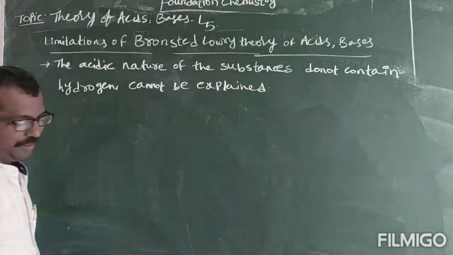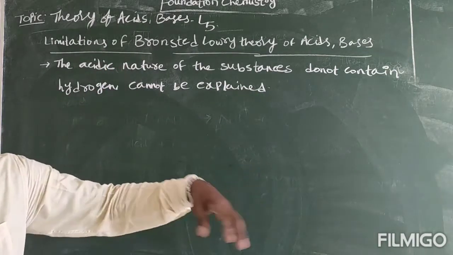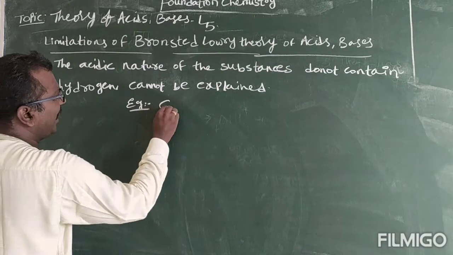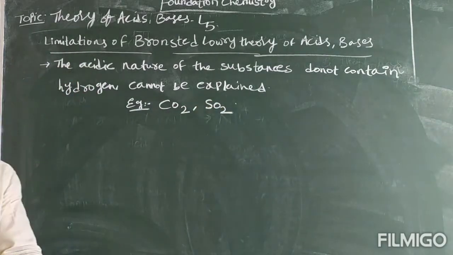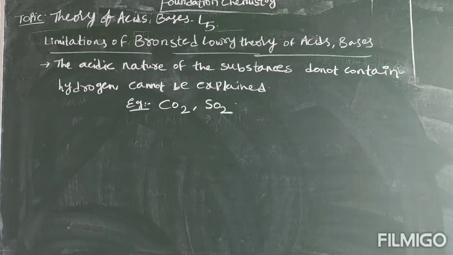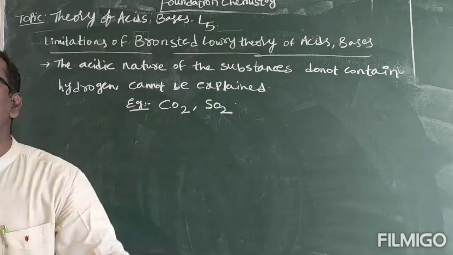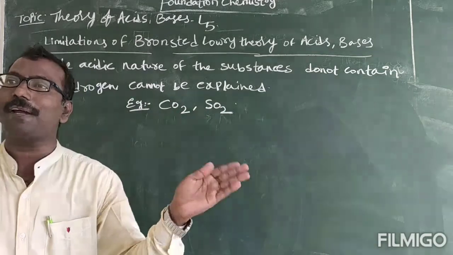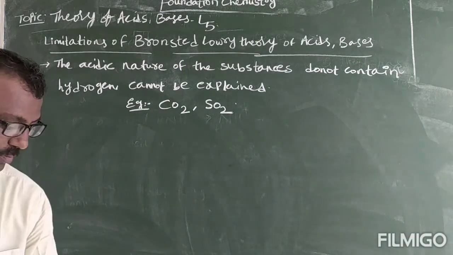This is the limitation. See, if they are not having hydrogen, it failed here also. Why? If it has to donate proton, it should contain proton in it. So here you see CO2 and SO2. These two are not having protons, but they are acidic in nature. The same failure was also with Arrhenius theory.